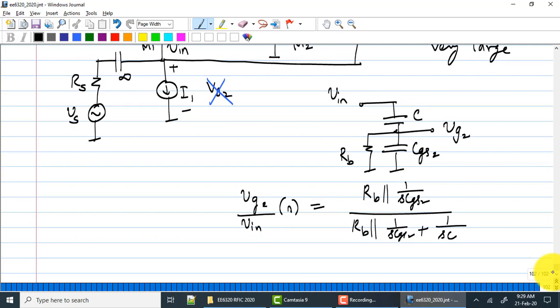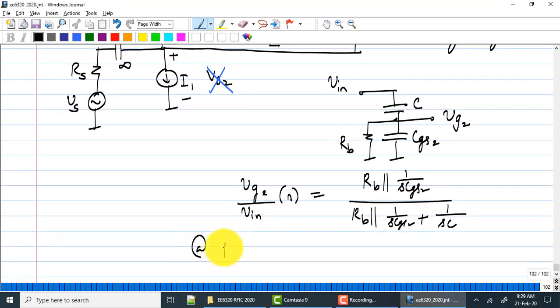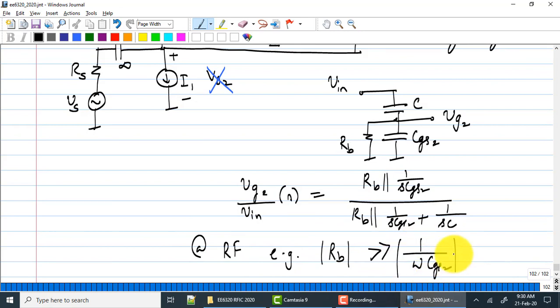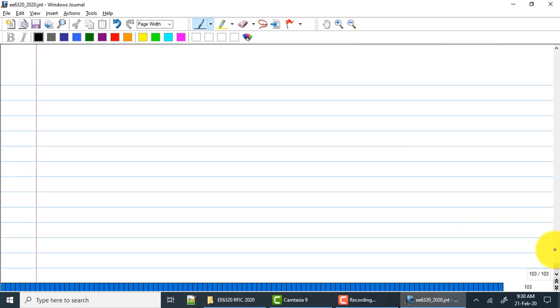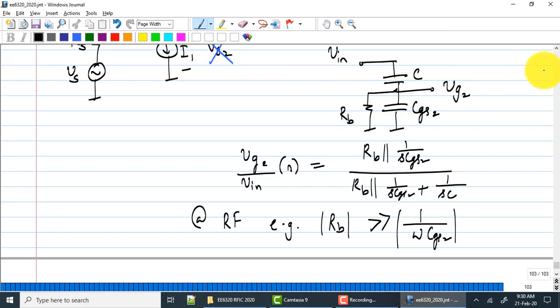What I mean is a range of frequencies where the magnitude of RB is much, much larger than 1 over omega CGS2. What will happen to VG by Vs? It will just become 1 over CGS2 over 1 over CGS2 plus 1 over C.